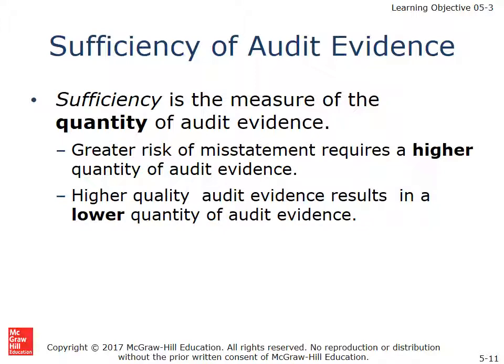The other factor you look at, though, is if it's highly quality audit evidence, like a confirmation. You don't have to look at as many of them. Lower quantity of audit evidence required. So these are the things you're going to look at to determine how much audit evidence we need.